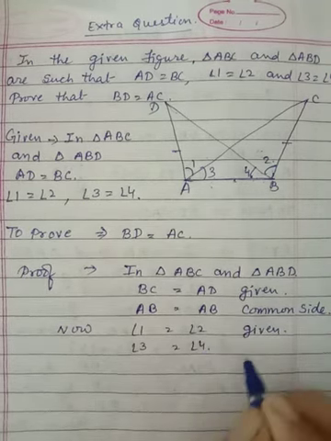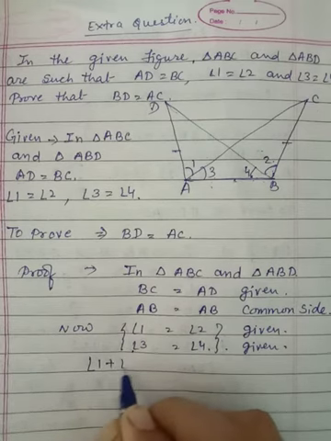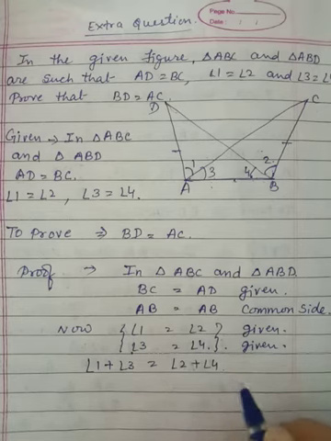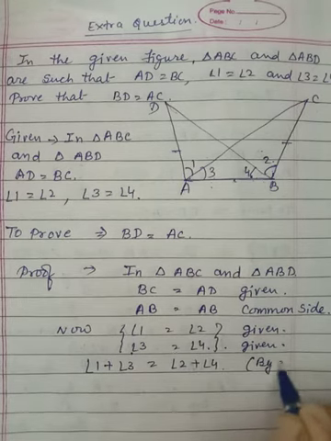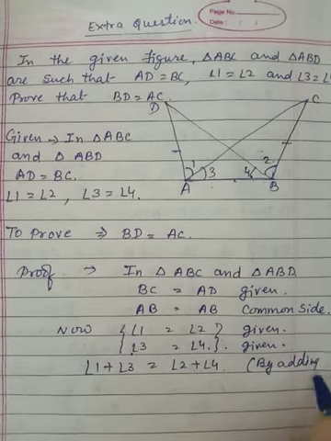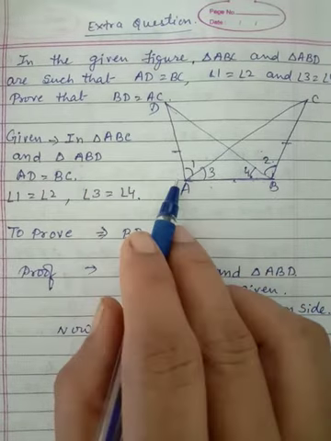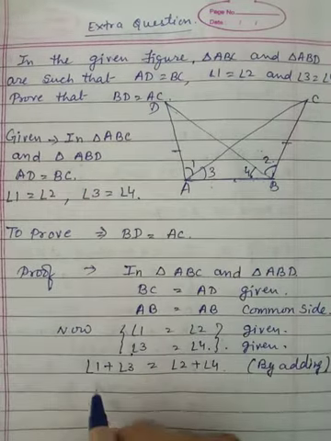If we add these two equations, what will we get? Angle 1 plus 3 is equal to angle 2 plus 4. Okay, so angle 1 plus 3, you can see in the figure, we will get DAB.